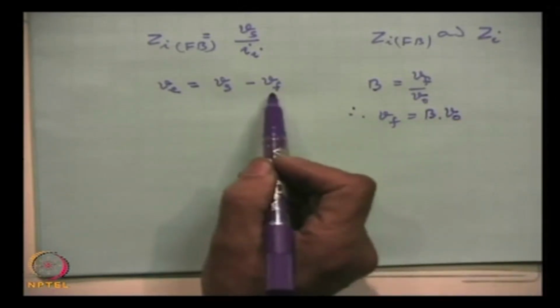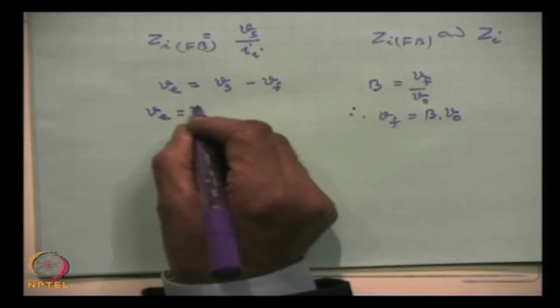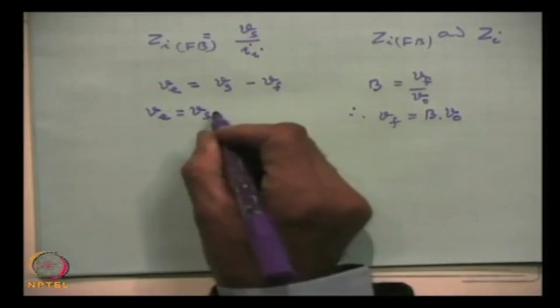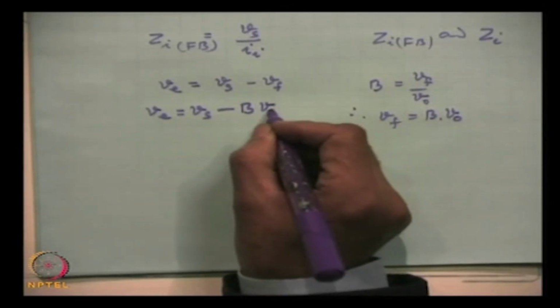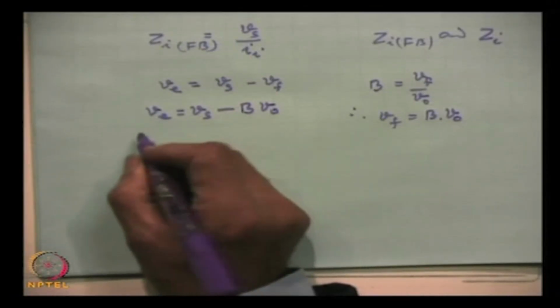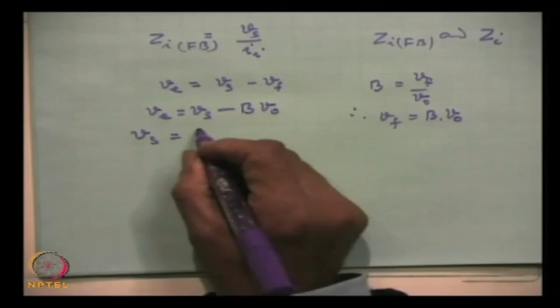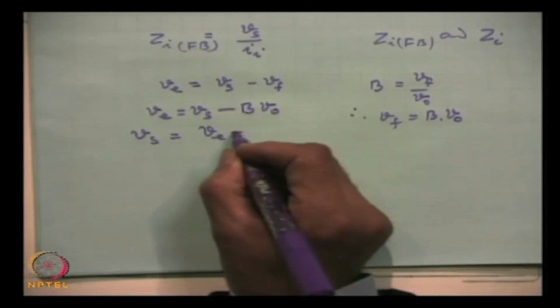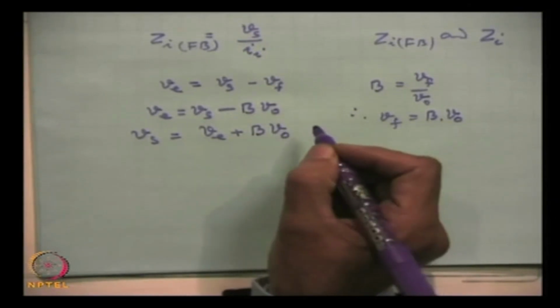This we substitute here, then Ve becomes Vs minus B V0. From here, what is the value of Vs? Vs is simply Ve plus B V0.